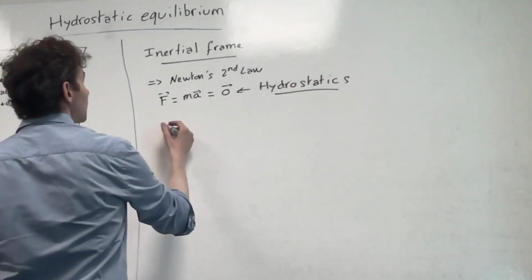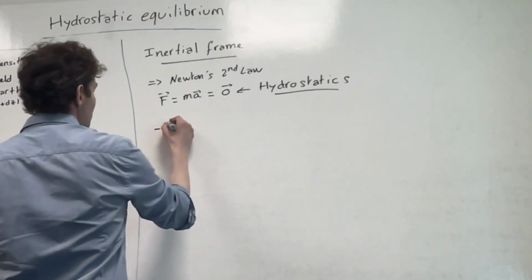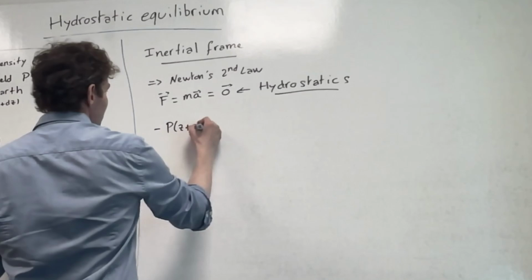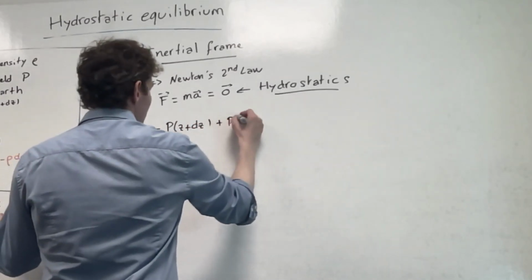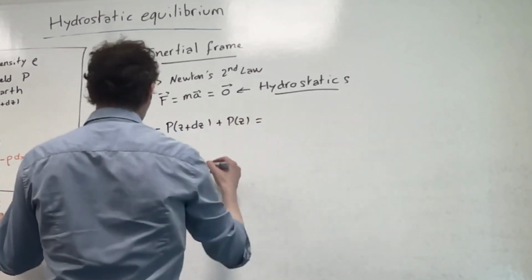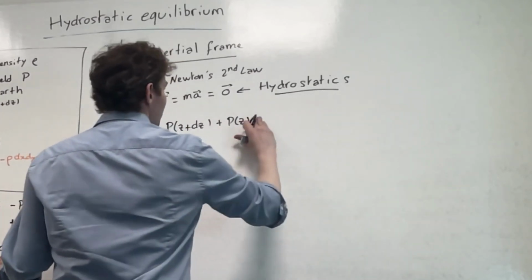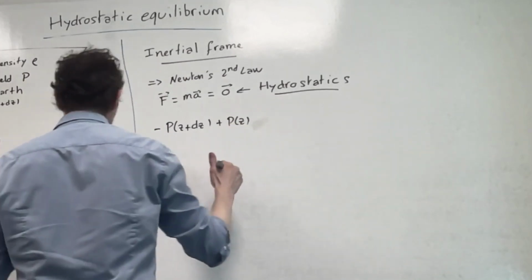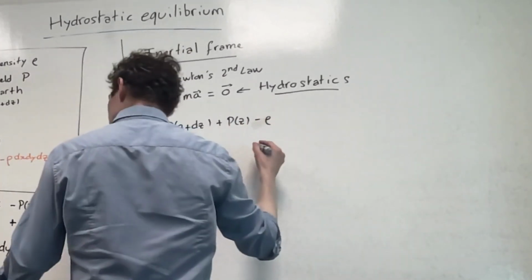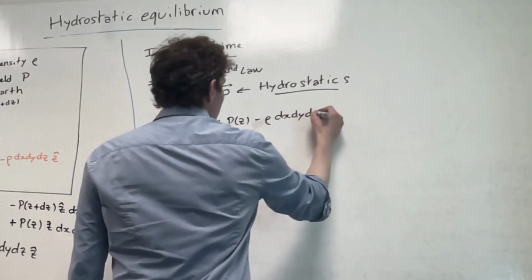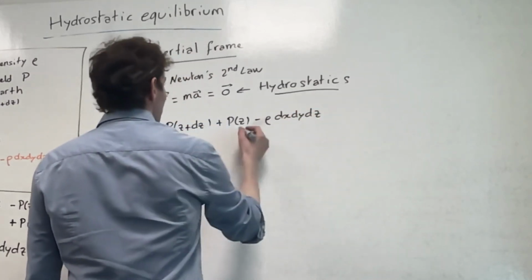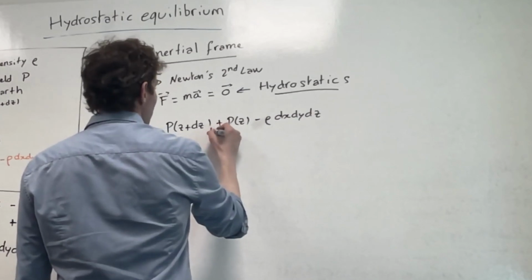And then we are going to have minus P of Z plus dz, plus P of Z is equal to, in fact, let's put everything here. So we are going to get minus rho dx dy dz, and I forgot here, I always forget dx.